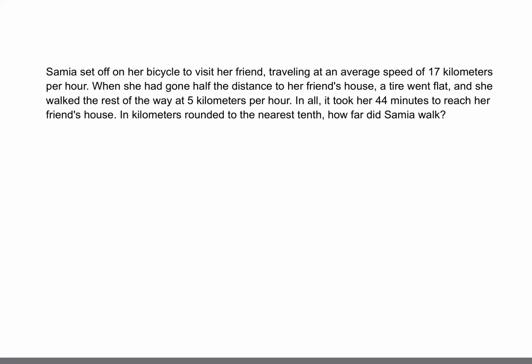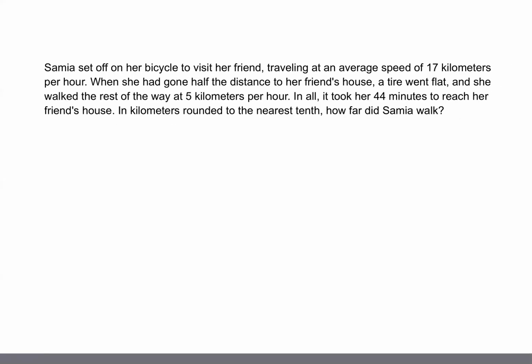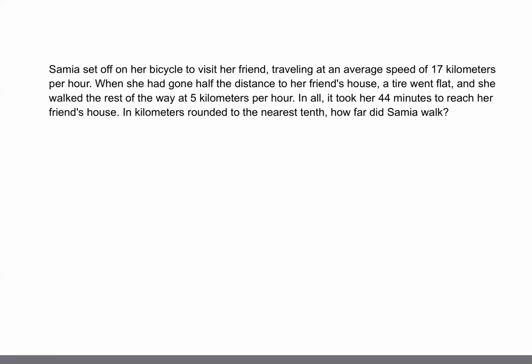Um, 4 is not quite right. It says round to the nearest tenth, so we know that it's a decimal. 3.7, closer, but it's still not correct. It's okay. The hard part of this problem is getting the equation.